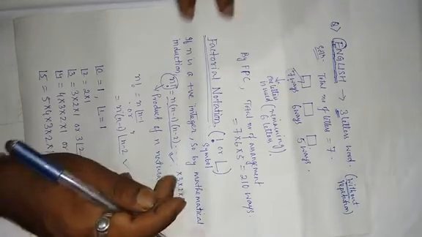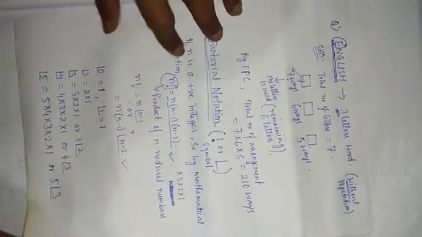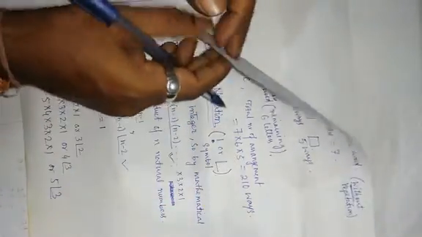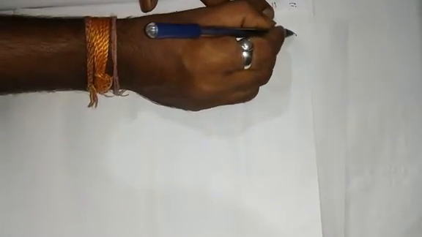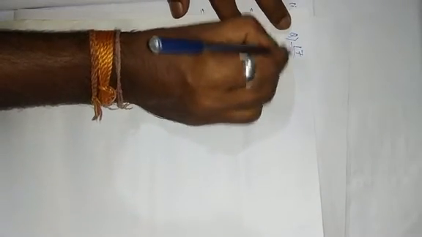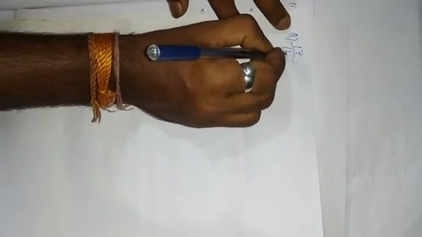Now let us solve some problems based on factorial notation. Find the value of factorial 7 by factorial 4.